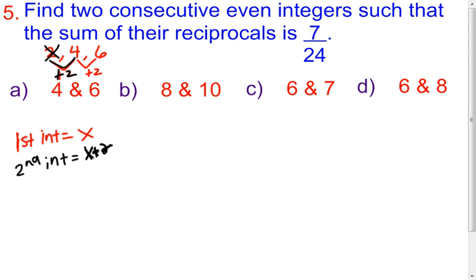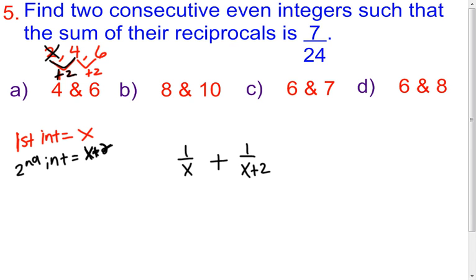Okay, so now let's go through this again. Find two consecutive even integers. So I have my two even integers. They're x and x plus 2. So that when I sum them, sum means to add, and when I add their reciprocals, so the reciprocal of x is 1 over x. The reciprocal of x plus 2 is 1 over x plus 2.